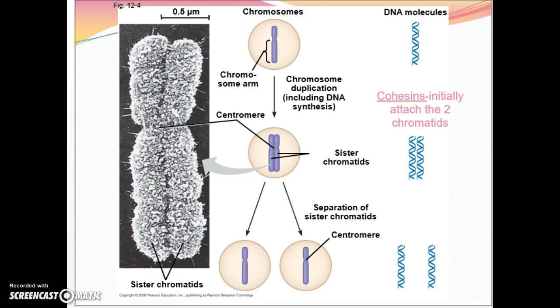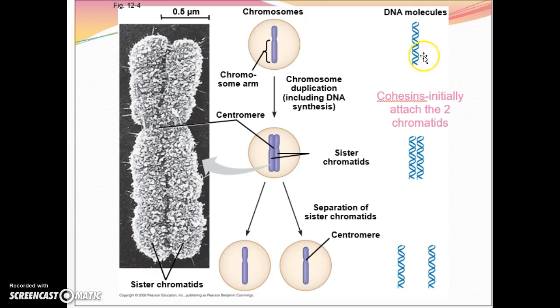Okay, so the chromosome. Each duplicated chromosome consists of two sister chromatids, which are joined together, and each of those chromatids is an identical copy of the chromosome's DNA. Initially, when they're first replicated, those chromatids are attached all along the length of the strands, and they're held together by protein complexes called cohesins.